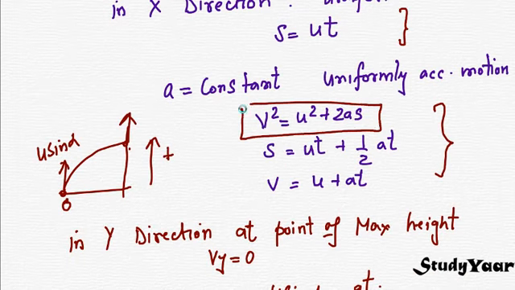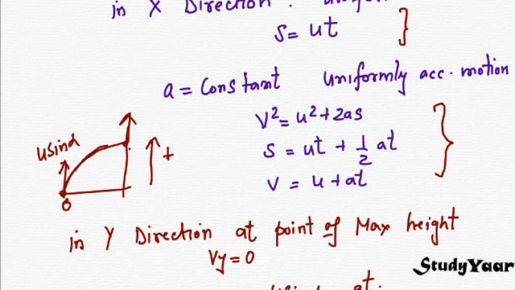Just consider this motion up until this point. I have final velocity, which is 0. I am considering only motion in the y direction. Only in the y direction can I use these equations, because only in the y direction my acceleration is constant, and it is undergoing uniformly accelerated motion.